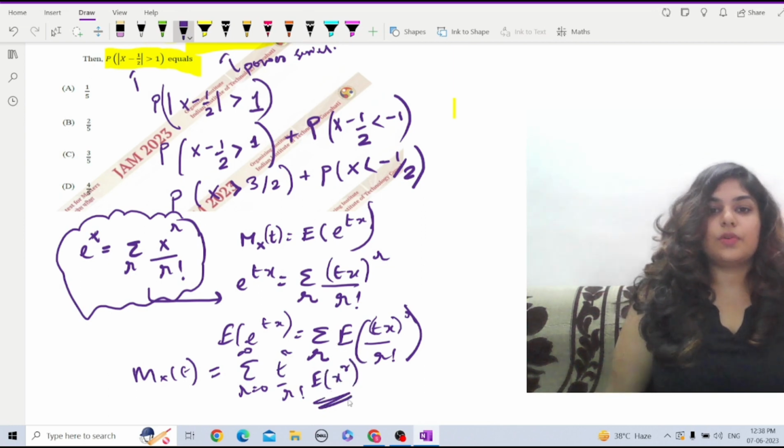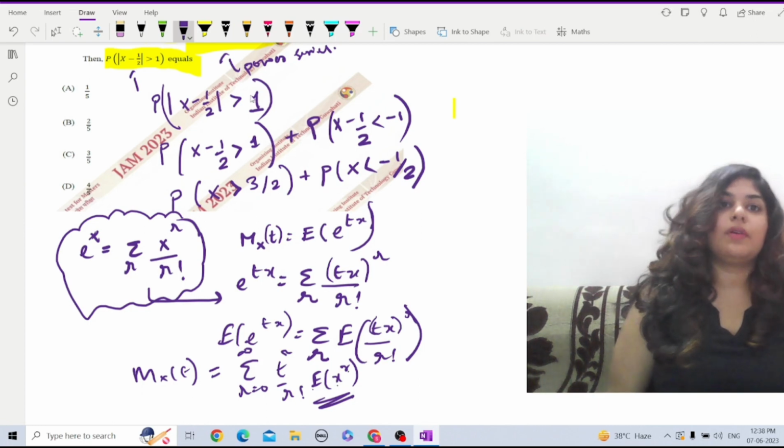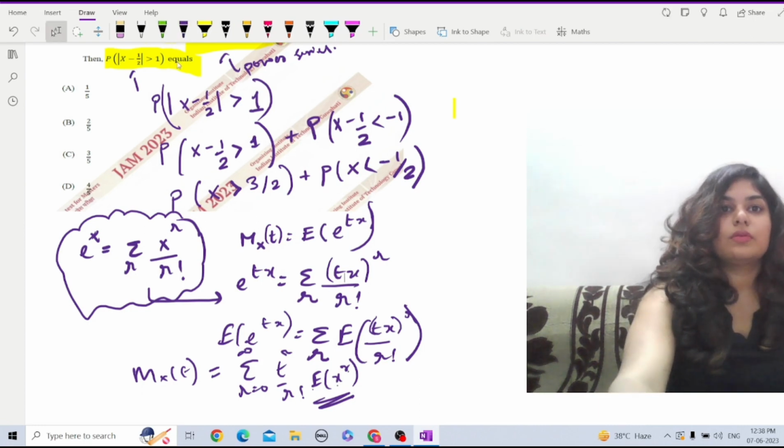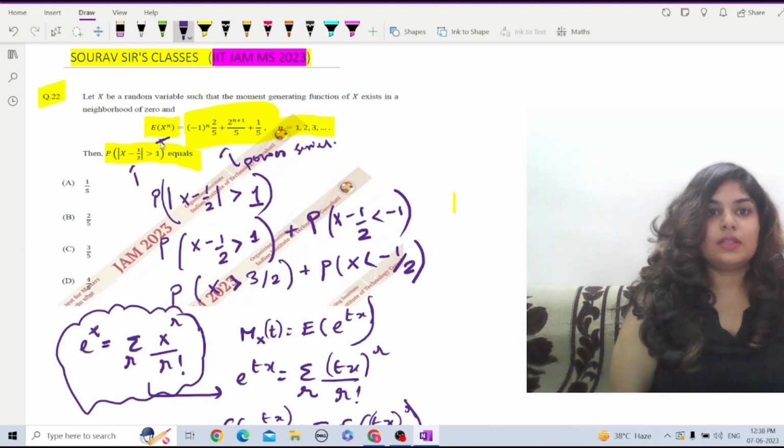Now this is the expectation of X to the power r series, which is similar to the one given, X to the power n. So instead of n, if we replace it with r, every n will be replaced by r. So we have this expansion.